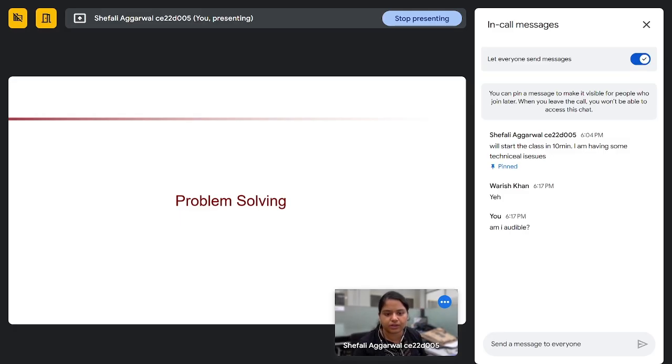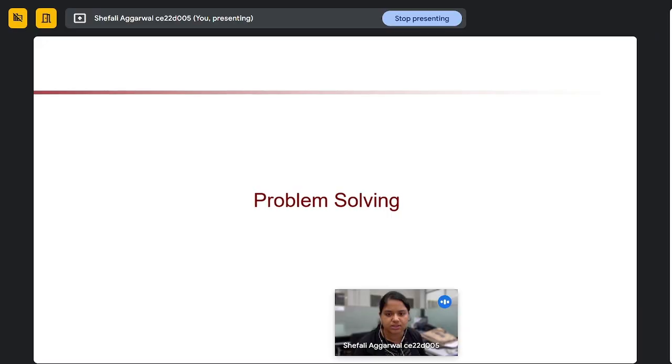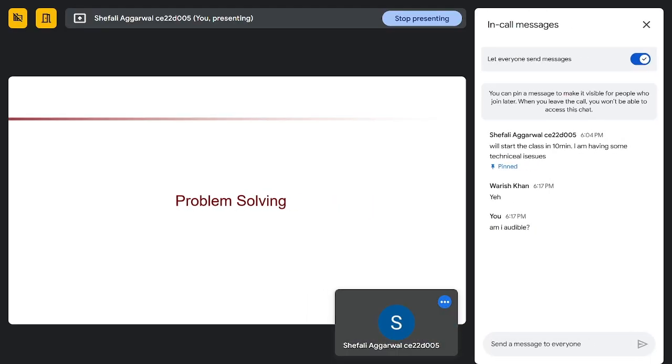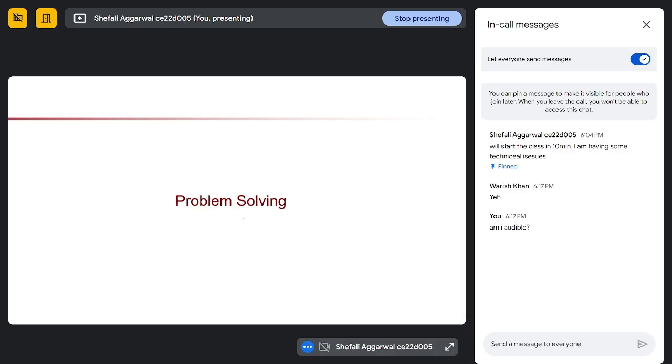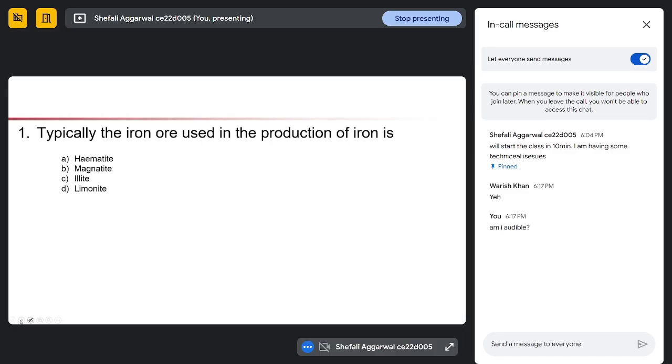Okay, if there are no doubts, then we will see some questions. Question number 1. Typically, the iron ore used in the production of iron is hematite, magnetite, siderite, or limonite.